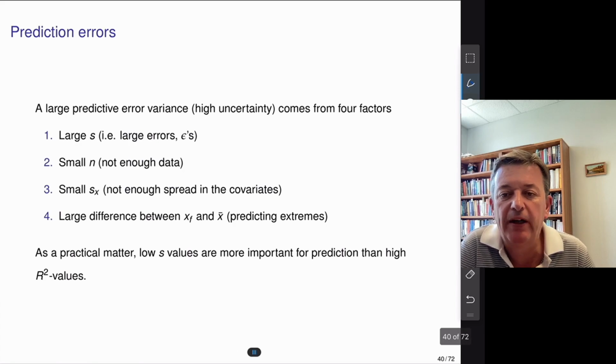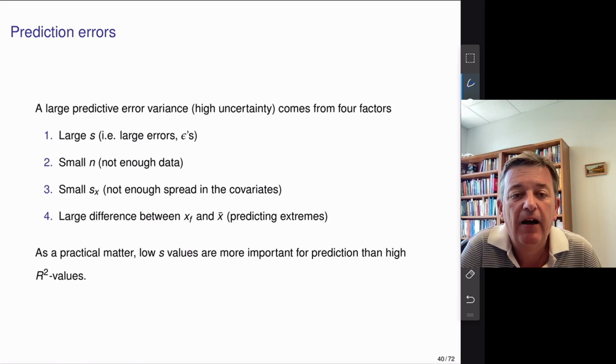So here's a quick little summary of how the prediction errors change as you're building these models. The larger the s, or the larger the errors, of course, the larger the prediction bands. A small n, or not enough data, can give you large prediction bands. A small s sub x, not enough spread.